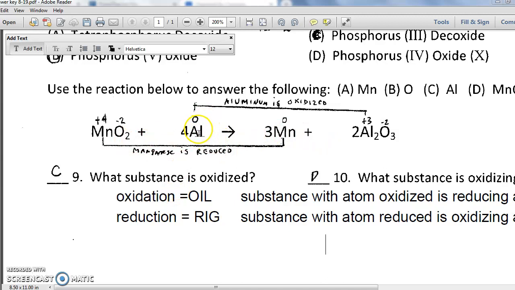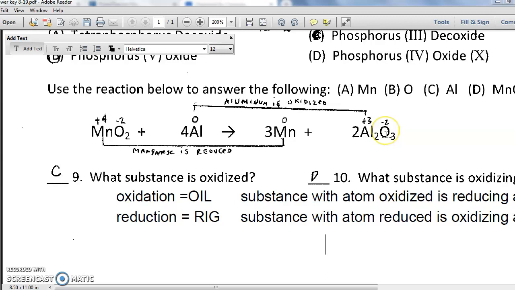Here, aluminum is zero. It's an element by itself. Over here, we have aluminum in the compound aluminum oxide. Oxygen's -2, always, unless it's with fluorine or another oxygen, in an element, O3 by itself, O2 by itself, or if it's oxygen in the peroxide ion. Here, none of those cases work.